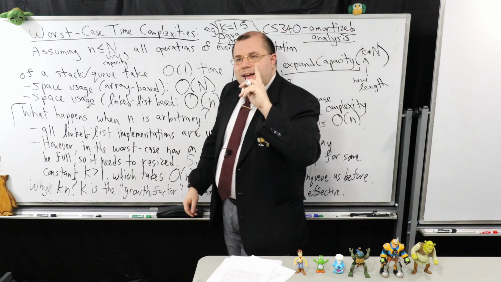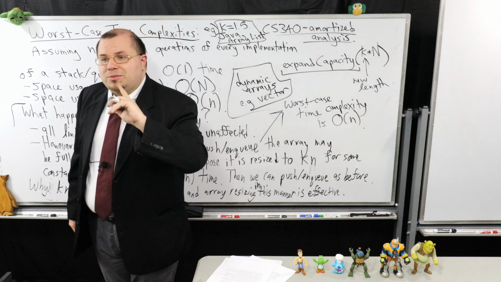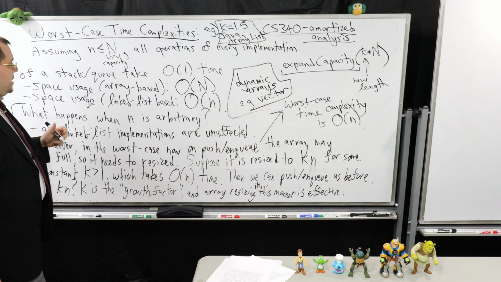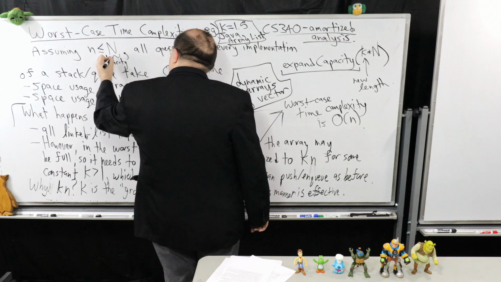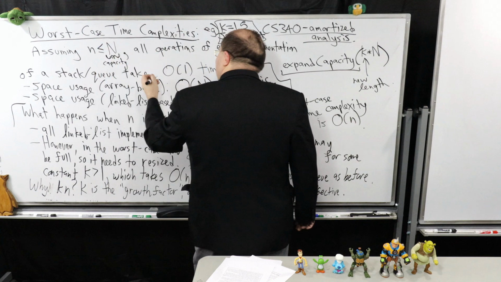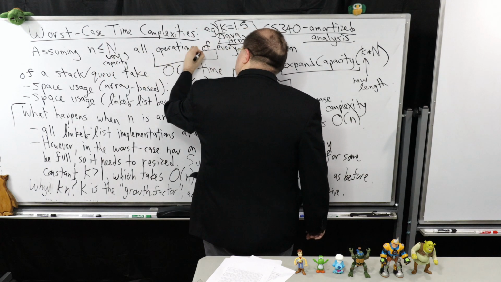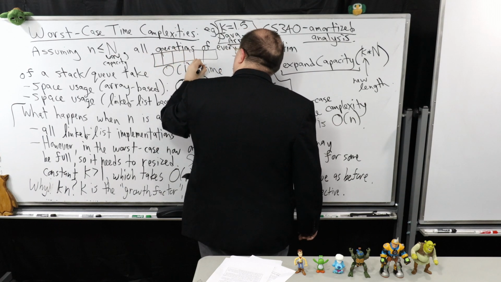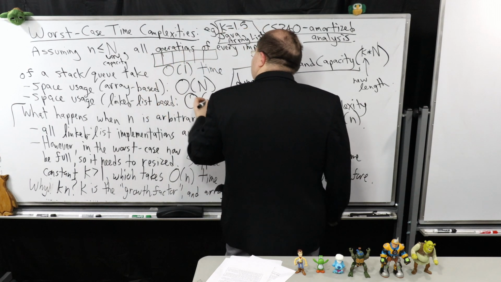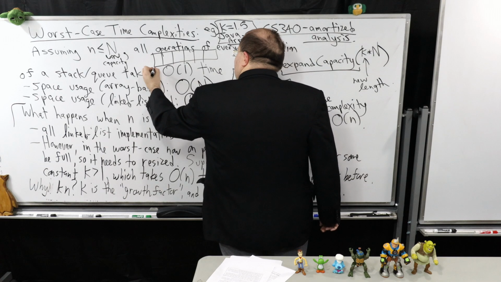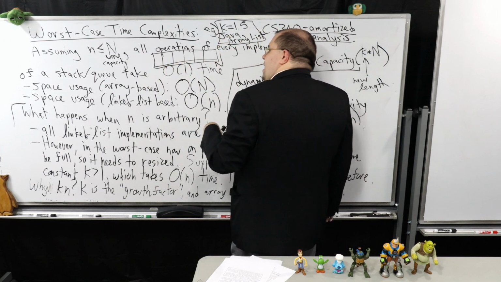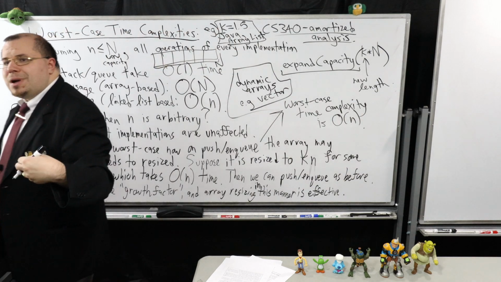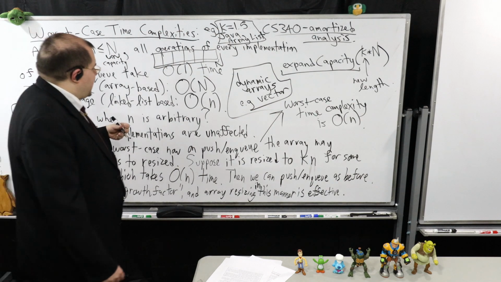There's a question about being confused about the difference between lowercase n and capital N. Okay, so just to reiterate from last day, this is the capacity. Say for example, I allocate an array. The array size is going to be the capacity, so the length of this is going to be capital N. And the number of elements that are in my container, that's lowercase n.